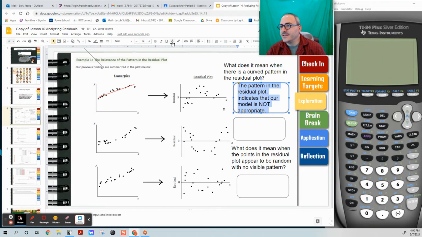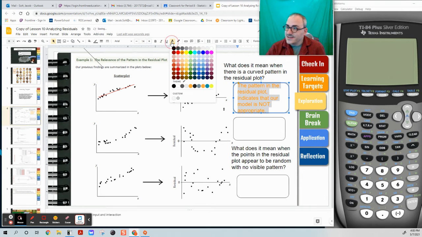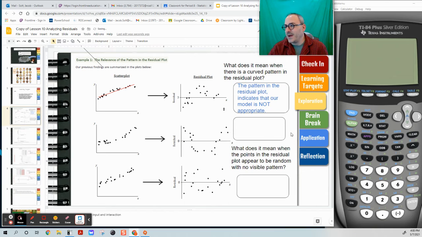Let me change the color, maybe dark blue, just to make that pop a bit. The pattern in our residual plot indicates that the model does not fit the shape of the data. The data is doing a pattern around our model, indicating that the model may not be the right shape for the data.